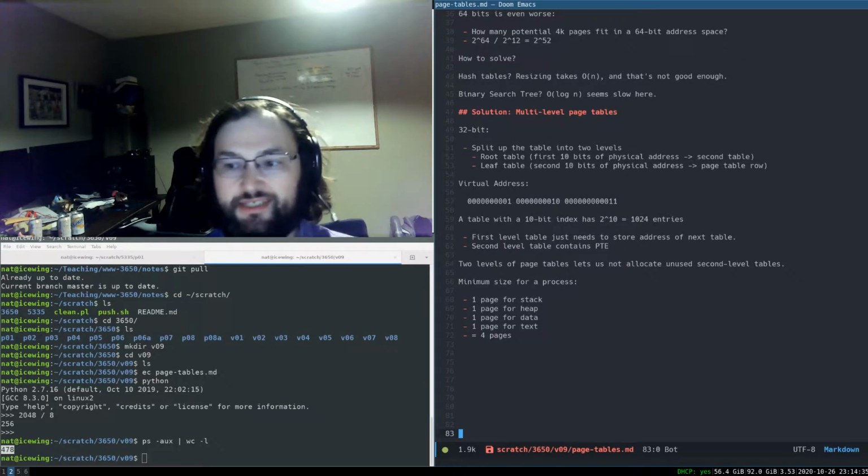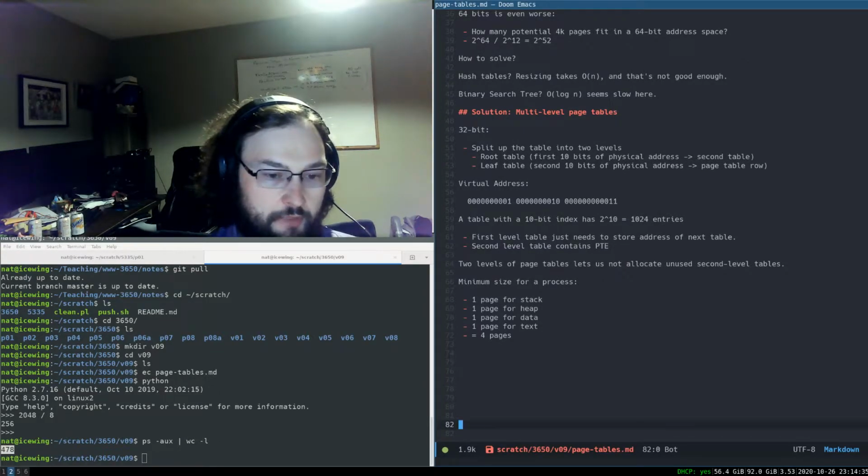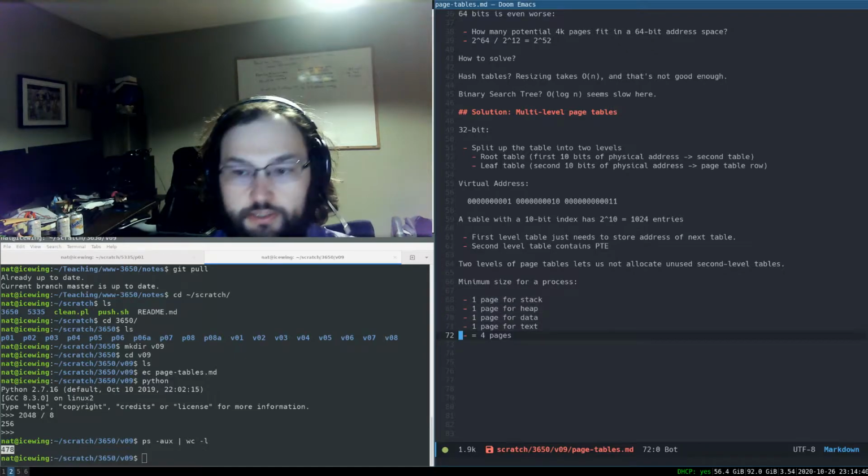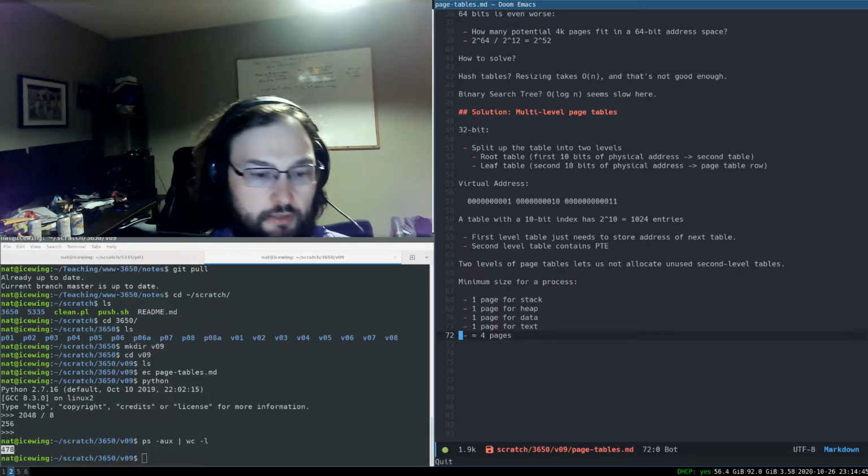And these pages aren't necessarily next to each other logically in memory, but to store the mappings for these 4 pages would take 8 meg in a single level table.